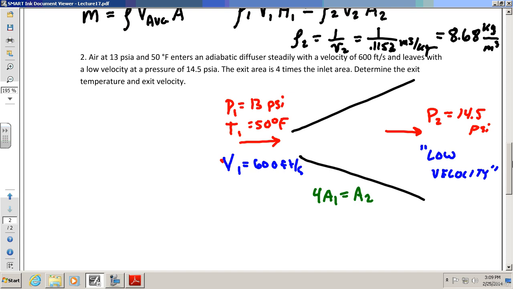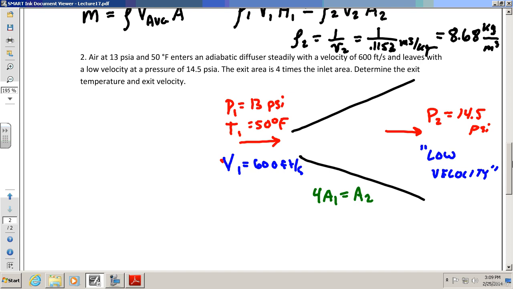Again, where do we start if we don't know what to do? First law, all right? Do I have a mass flow rate given to me? No, right? Do I see a mass flow rate anywhere? No. So I'm probably going to write the first law without mass flow.